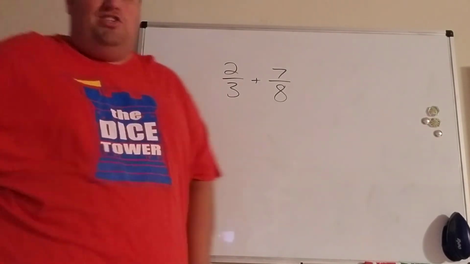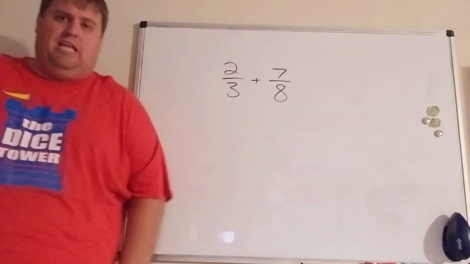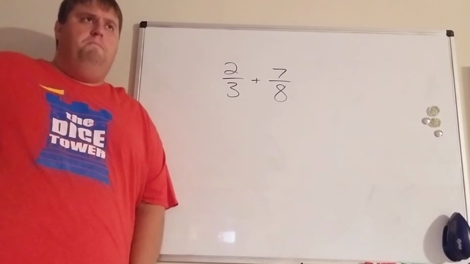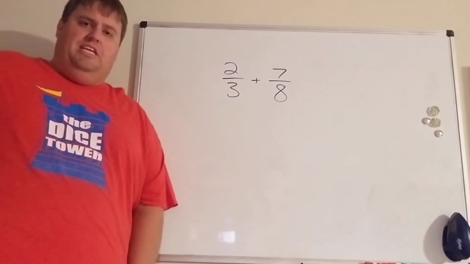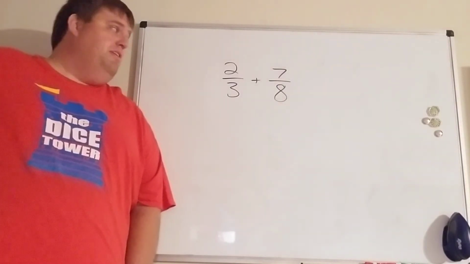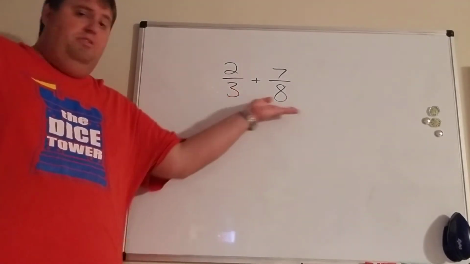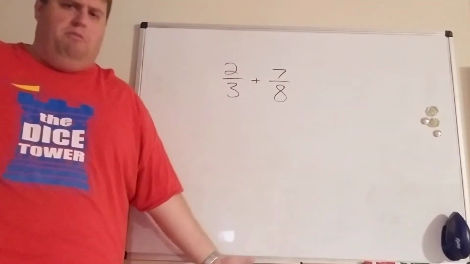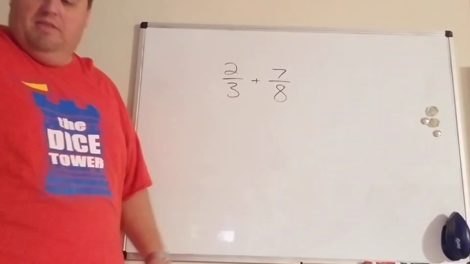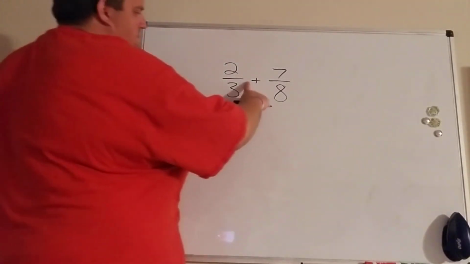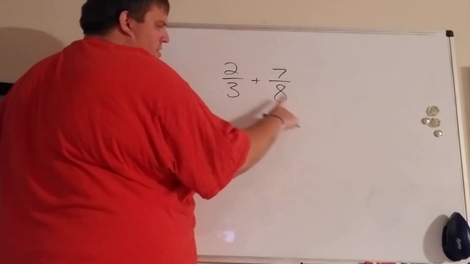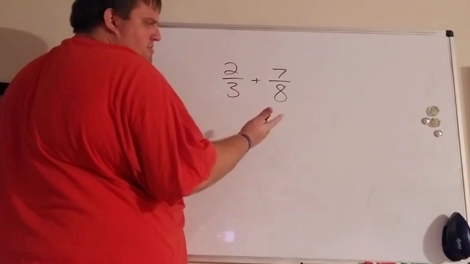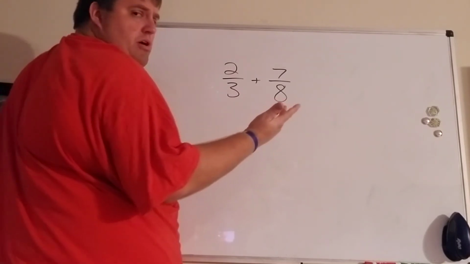I'm going to do this one out, and then I'm going to do the rest of them in a general form. Then you can see the difference between if I put numbers in there or if I'm just going to have variables that count for numbers there. Okay? So if I wanted to add these up, 3 and 8, probably you're thinking 24.